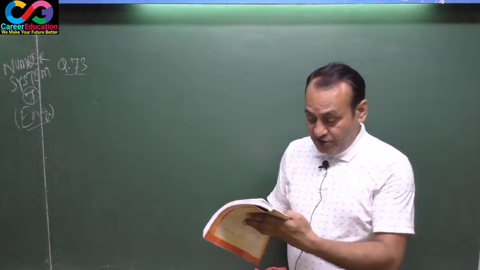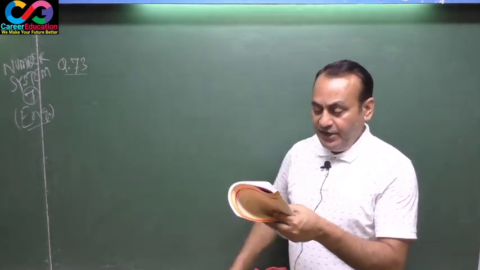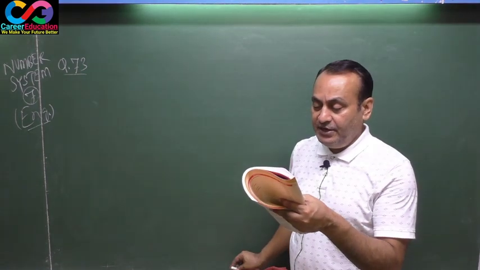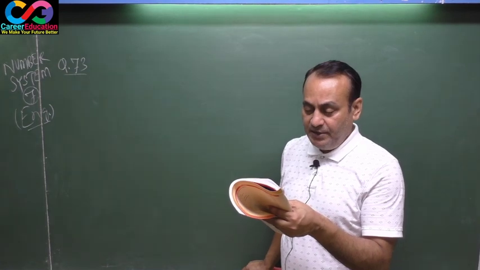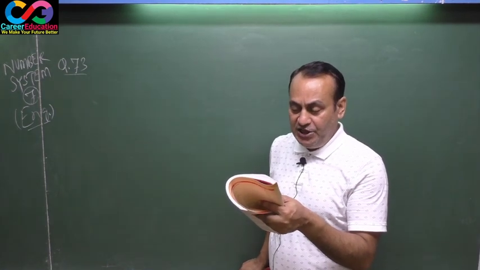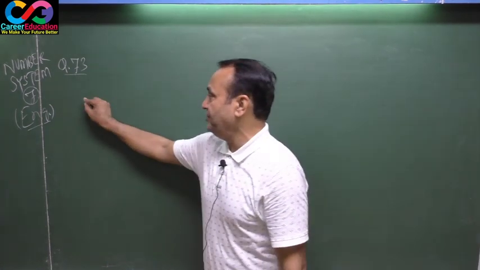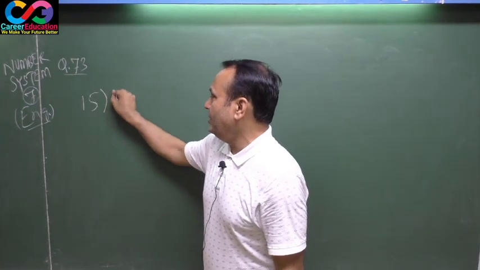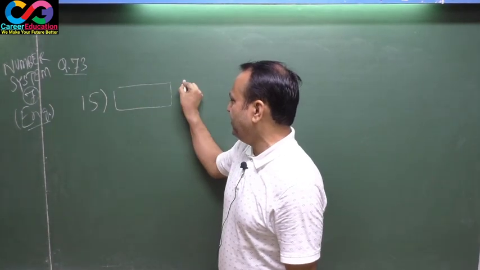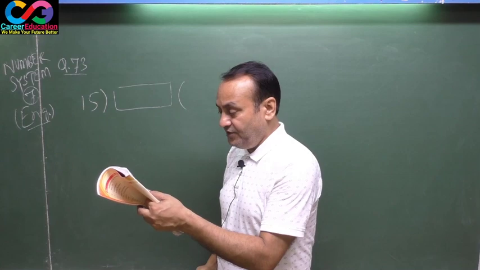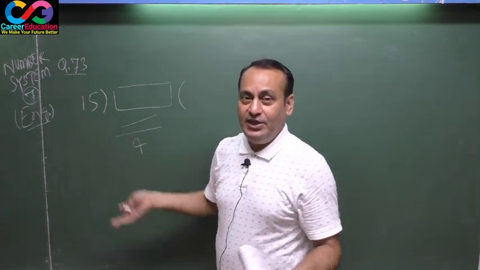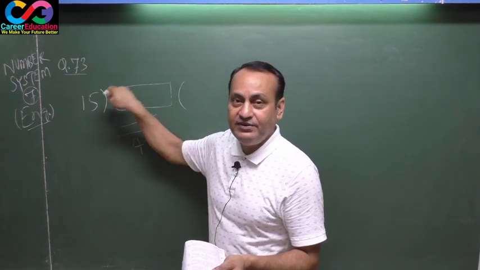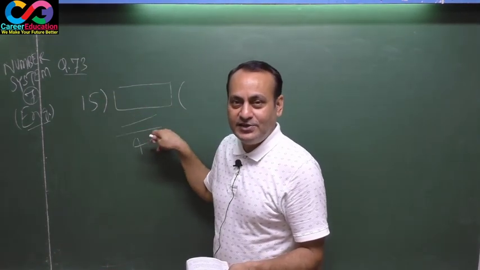Question number 73 says, if a number is divided by 15, the remainder is 4. What will be the remainder if the same number is divided by 3? If a number is divided by 15, this is your divisor, the remainder is here.